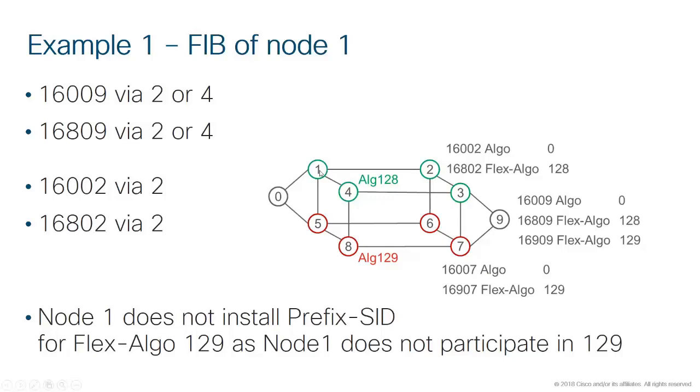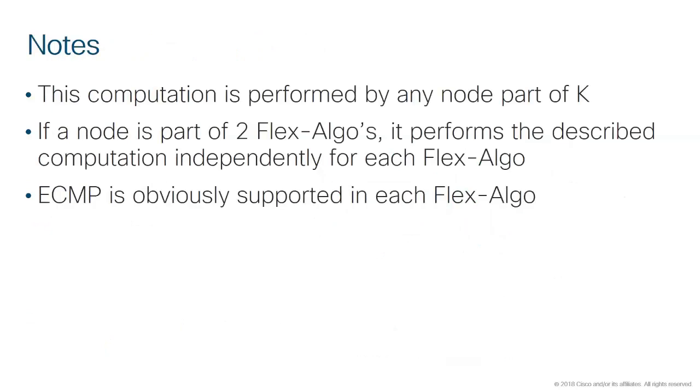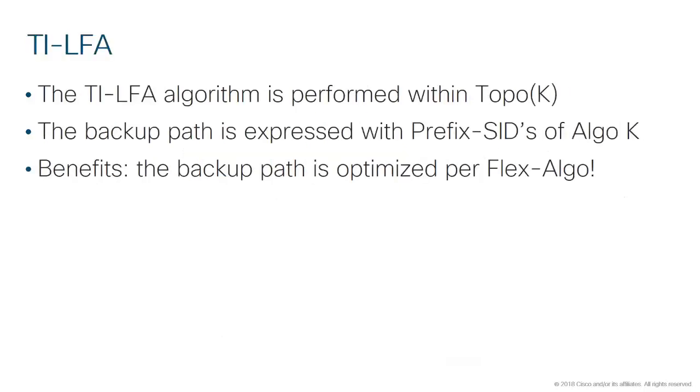So it means that it also does not install any prefix-SID of that algorithm. You remember the step 1, 2, 3. If a node is part of multiple algorithms, what we just explained will be done for each of the algorithms. And the ECMP is obviously supported per algorithm.